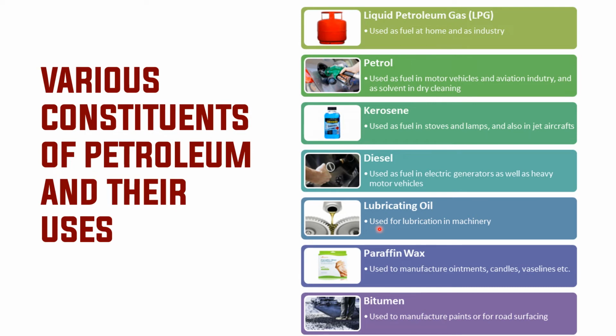So it is used for lubrication in machinery. Then paraffin wax, used to manufacture ointments, candles, vaselines, etc. Vaseline contains petroleum jelly, that is paraffin wax. And the last one is bitumen, used to manufacture paints or for road surfacing.